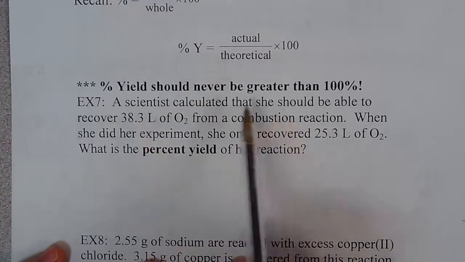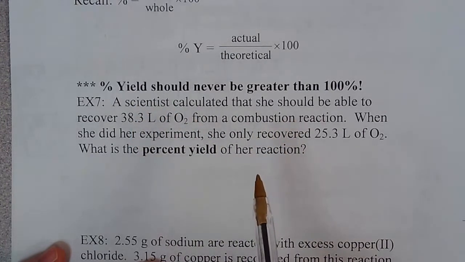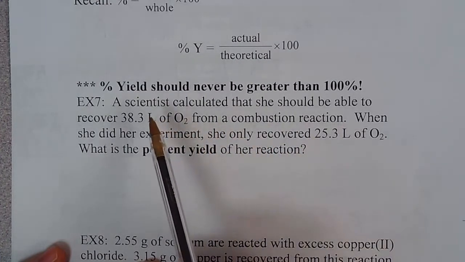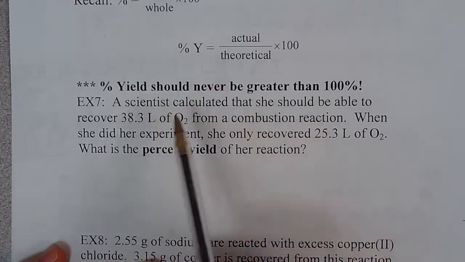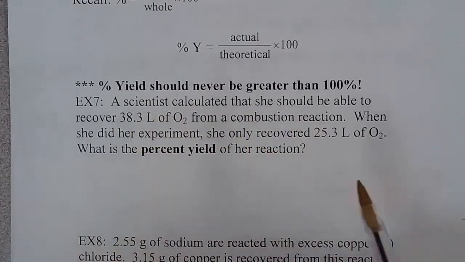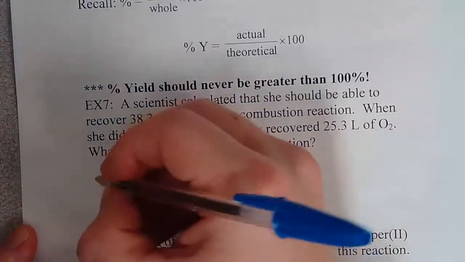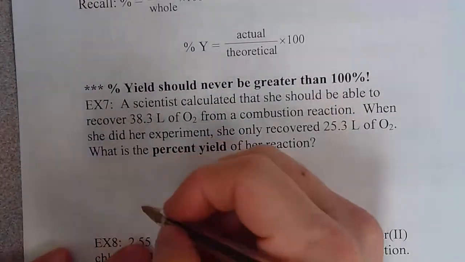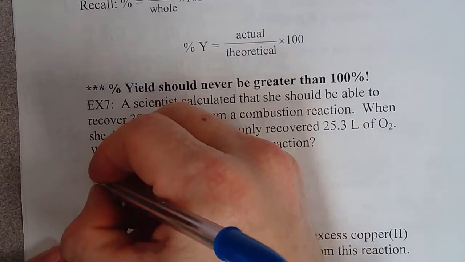So what would we do to find the percent yield here? Just do the 25.3 over the 38.3, and then we'll get a percent yield. That's where they just gave us the actual and the theoretical yield. So let's do that.